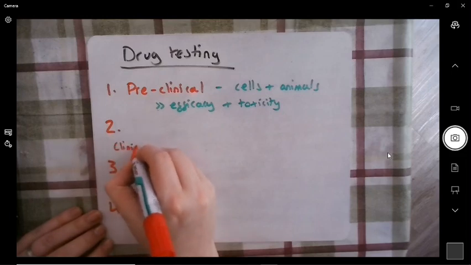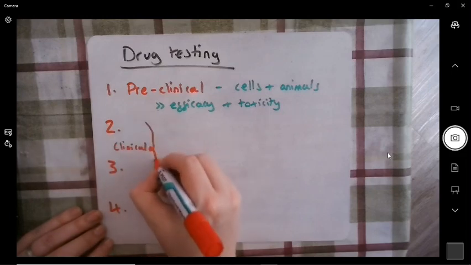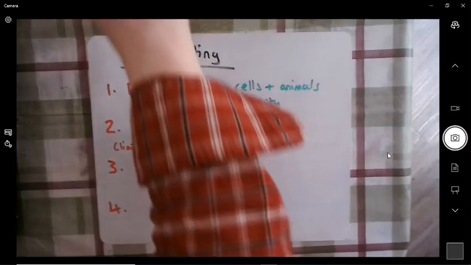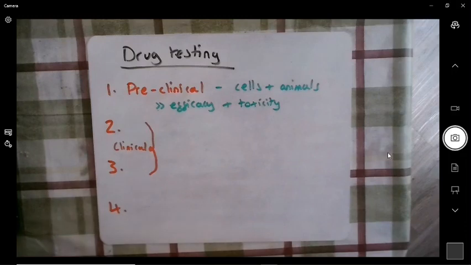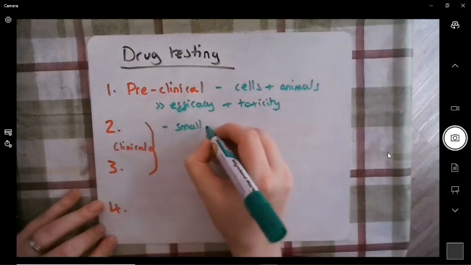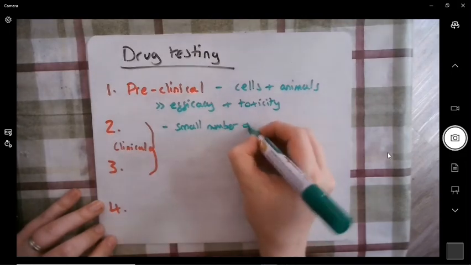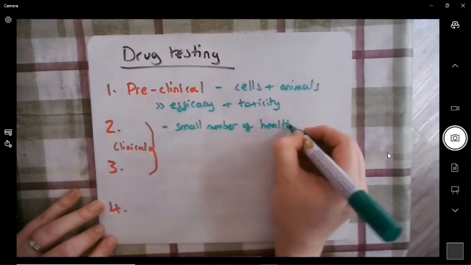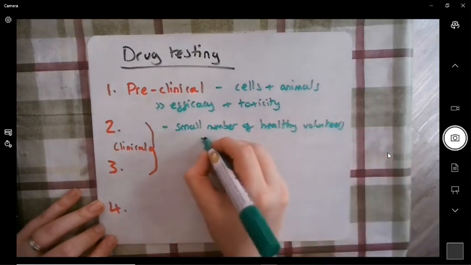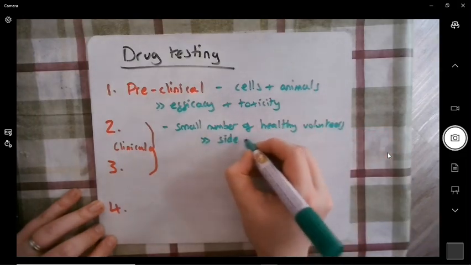And both step 2 and 3 are clinical trials because they use humans. For stage 2 though, they will actually only use a small number of healthy volunteers. And they do that because they're trying to look for side effects.